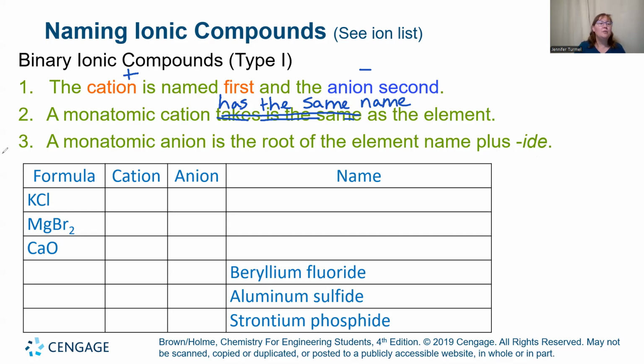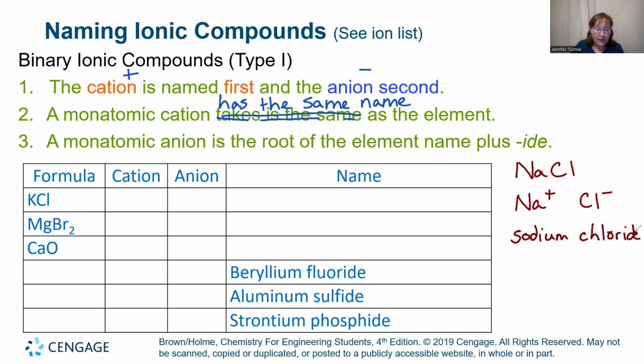Okay, so let's work a little example on the side first, and then we'll go from there. If I have NaCl, and I look at my ion list, I see that that's sodium ions and chloride ions, and they balance 1 to 1. So that becomes sodium chloride.